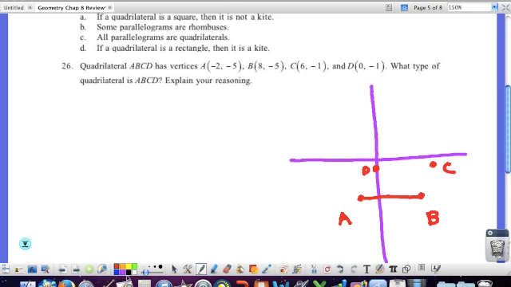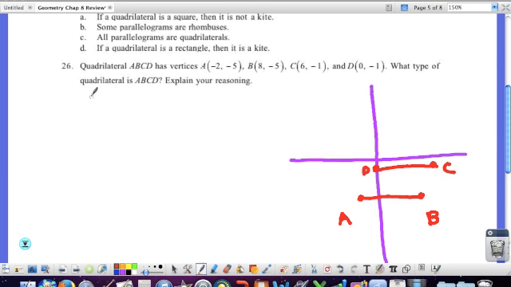Okay, well this is making it a little bit easier than the last one we did because I can see that I have two side lengths there, these red side lengths that are obviously parallel. They both have a slope of 0. They're both horizontal lines. So if I can find the distance of each of these, I can know whether they're congruent.